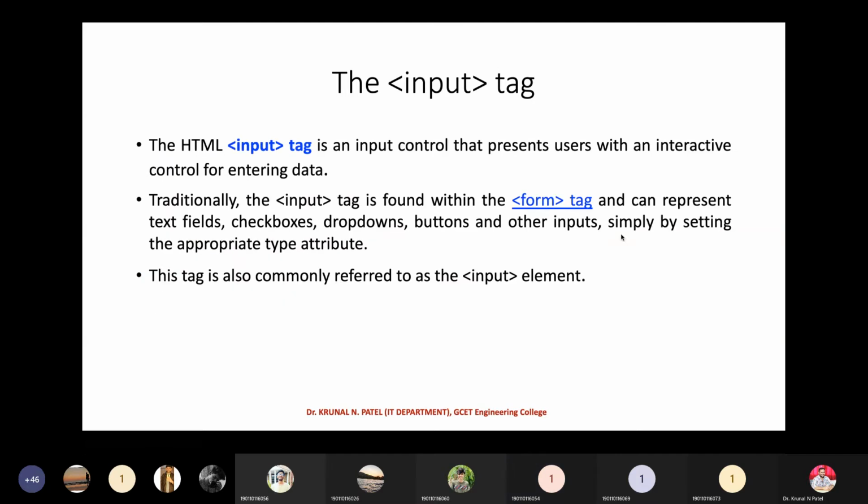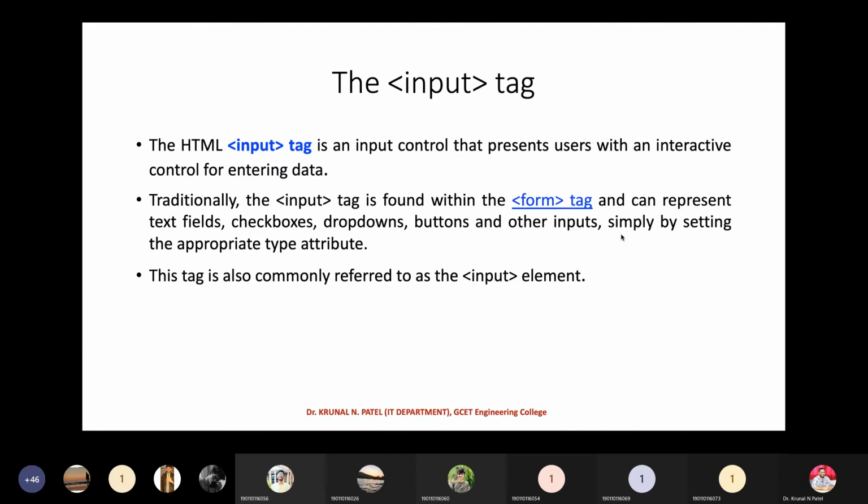Now we have discussed the form tag, so let's go for the inputs. Now I want to put some elements. Suppose I want to design a login form. In that login form, I want username and password: 2 labels, 2 text boxes, and 1 button.